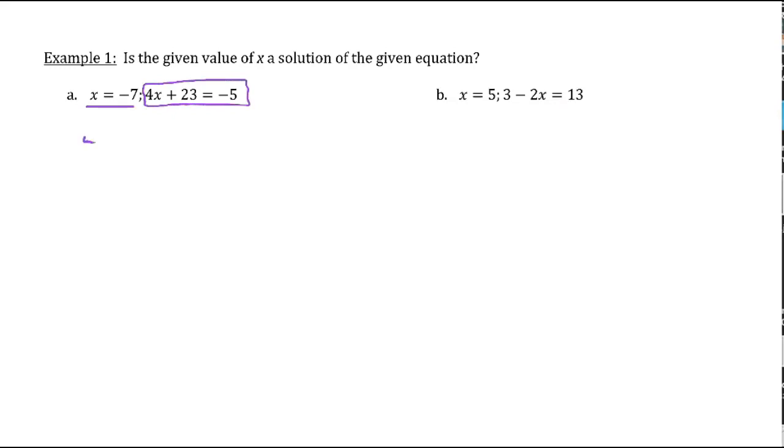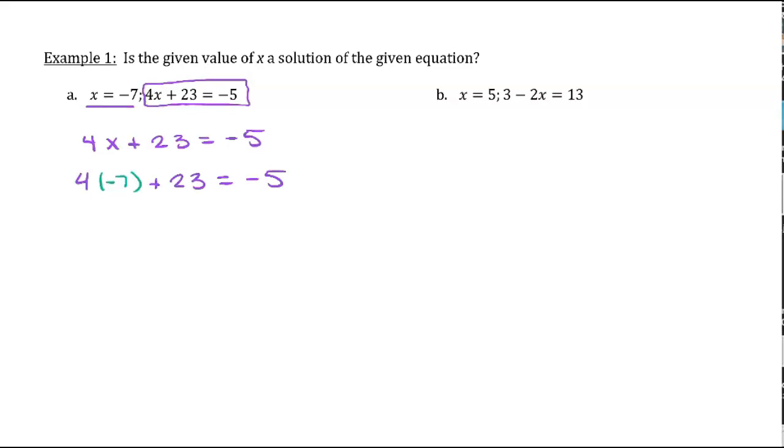So we're going to take that equation, 4x plus 23 equals -5, and we're going to substitute in place of x the value -7. So instead of 4 times x plus 23, we have 4 times -7 plus 23 equals -5. Now the question is, is it a solution? Does this produce a true statement?